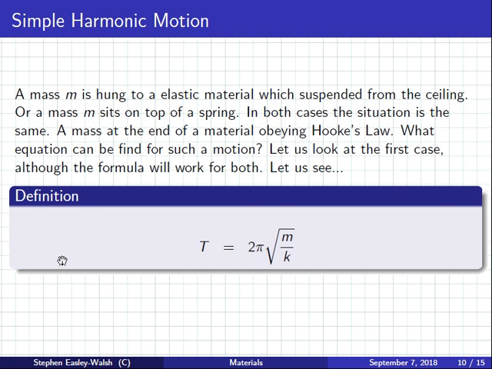So T is 2 pi root m over k. If we put it without these things, like this, yeah, we can use the formula. It's used really any time there's a spring. It doesn't matter how the spring is.